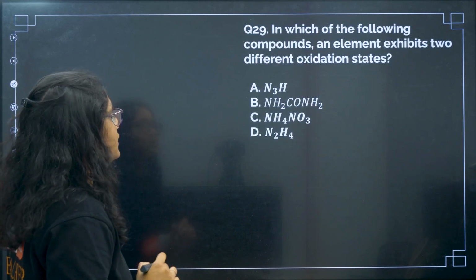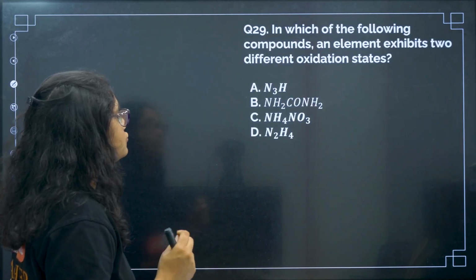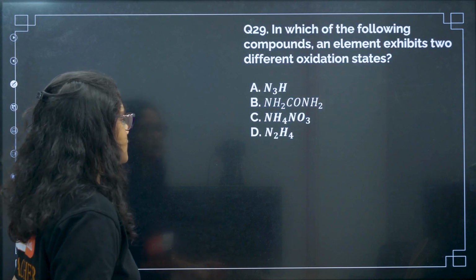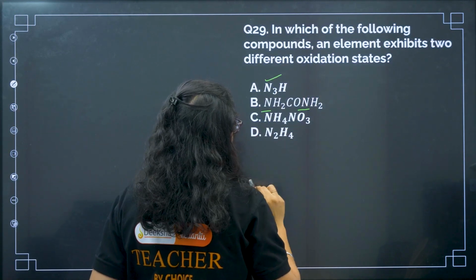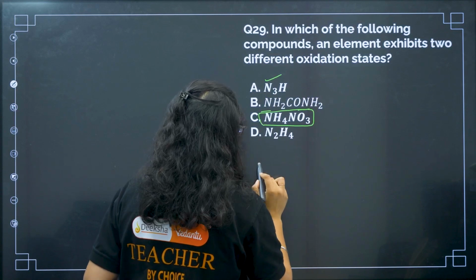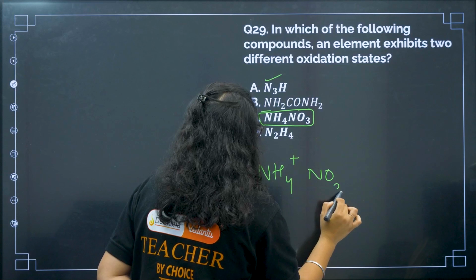Now coming to question number 29. In which of the following compounds an element exists in two different oxidation states? So here if you see, nitrogen has a single oxidation state. Here nitrogen also has a single oxidation state. If you check this one, this is a salt, right? It is in this form, NH4 plus and NO3 minus.